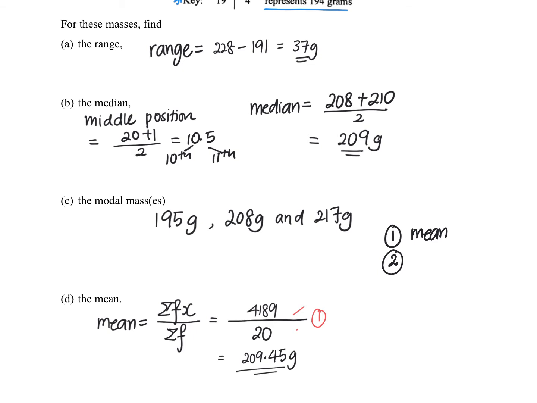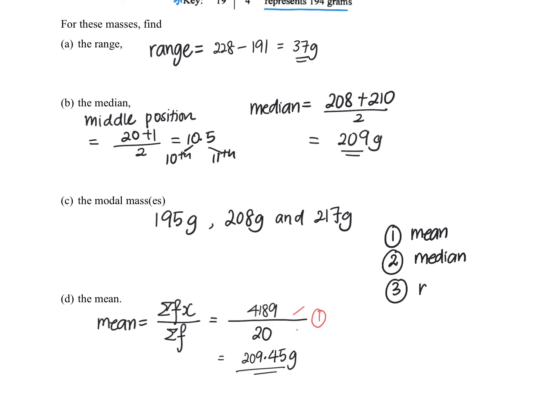The second one will be the median. It involves some calculations, like for example 208 plus 210, but only for some of the data, but it will involve the rearrangement of all the data set. It needs to be rearranged in order before you find the median.